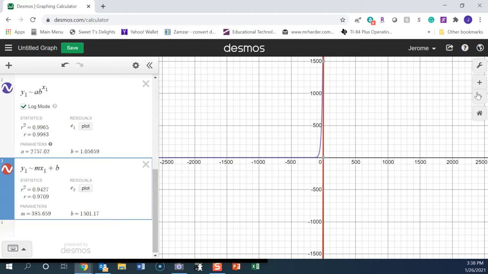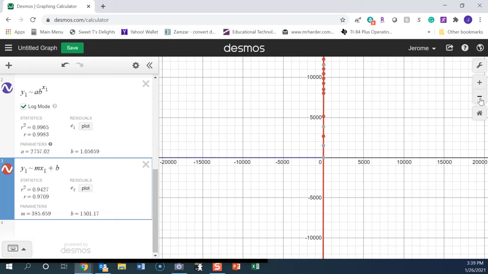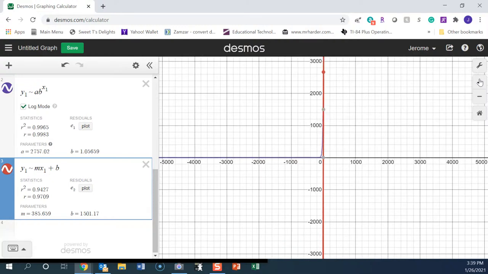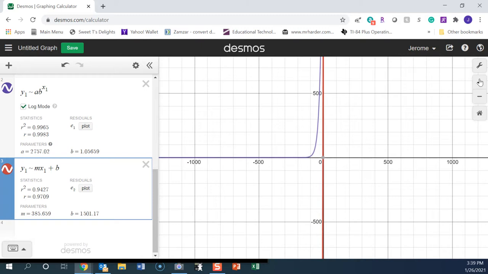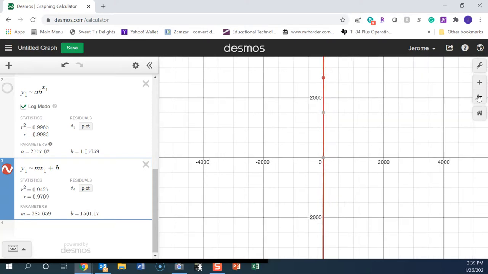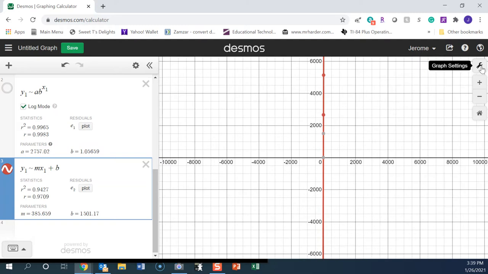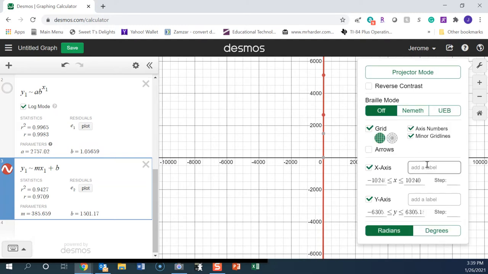Let's look at these points. Okay, I have to scroll in here. Maybe take it out just a little bit. Hold on, let me turn off. This is throwing it off by seeing this graph. It looked like I need to change my table a little bit.